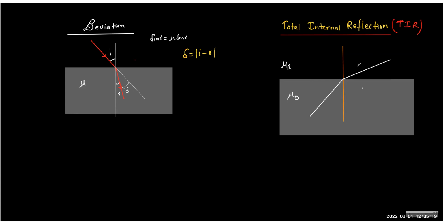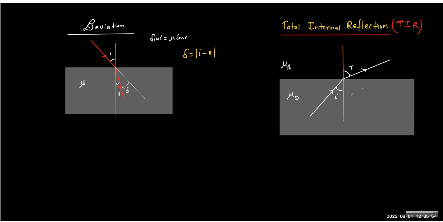So one thing is clear that this angle will be bigger than the angle of incidence, which means to bend by 90 degrees, the I should be less than 90, or equal to 90, or more than 90? I should be more than 90, sir.